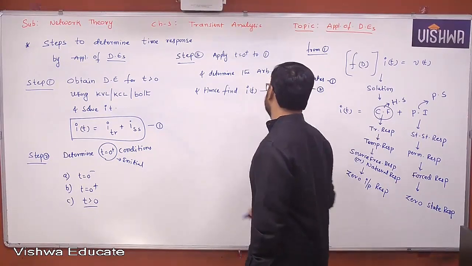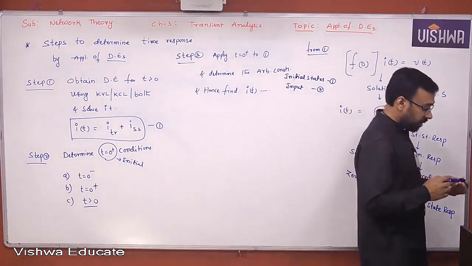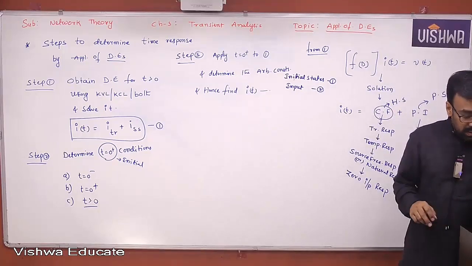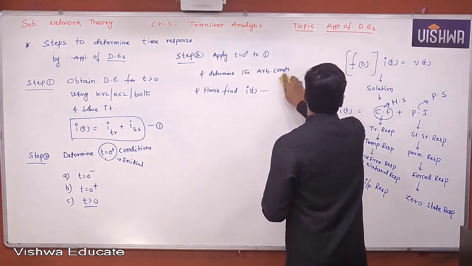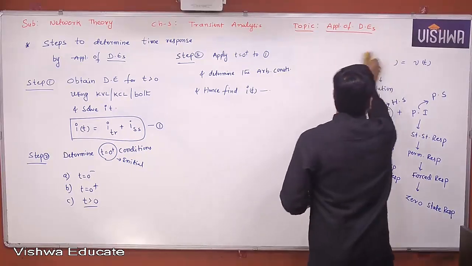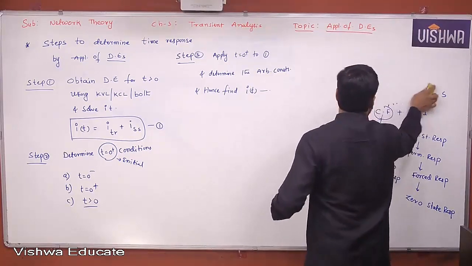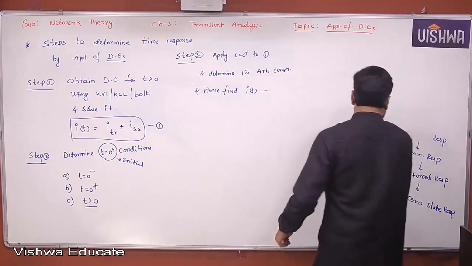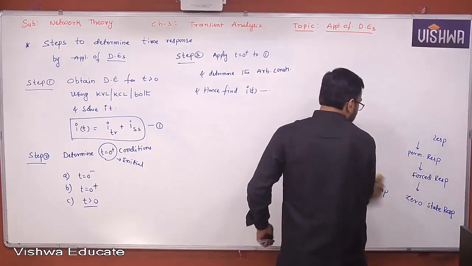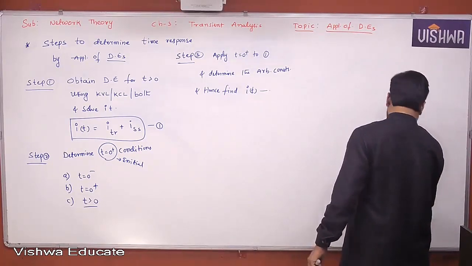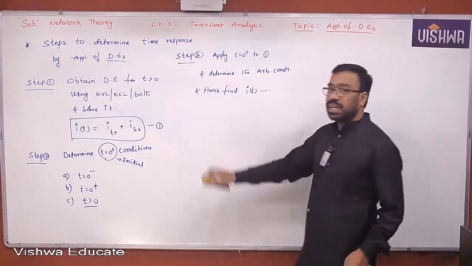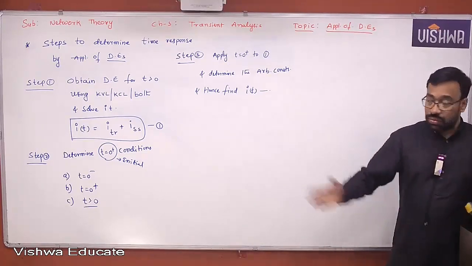That's it. So this is a systematic approach and procedure to determine the time response by application of the differential equations approach. The conventional method I will explain first, and then I will move on to the simple technique of how we can apply it. So please note down that quickly.